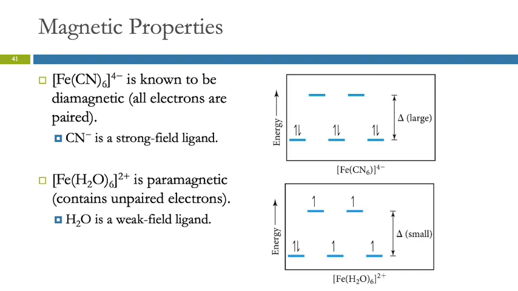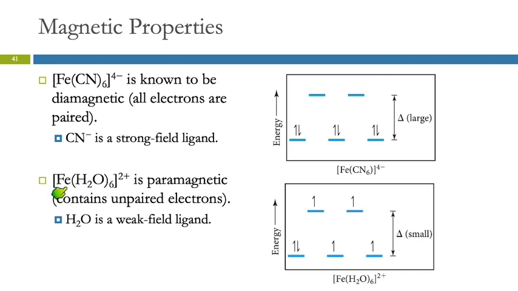Para is the other, there are unpaired electrons. Here the strong field ligand causes a large difference in energy between these d orbitals. So you go 1, 2, 3, the fourth electron comes in, and it'd rather sit with a stranger than pay extra to go up there. And so this one will have all of its electrons paired.